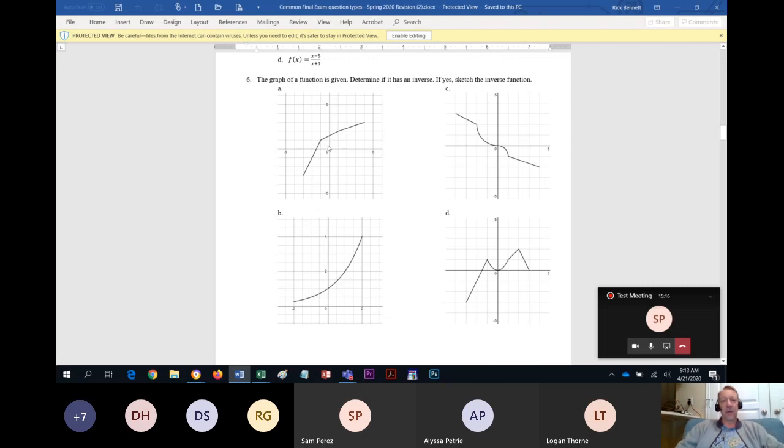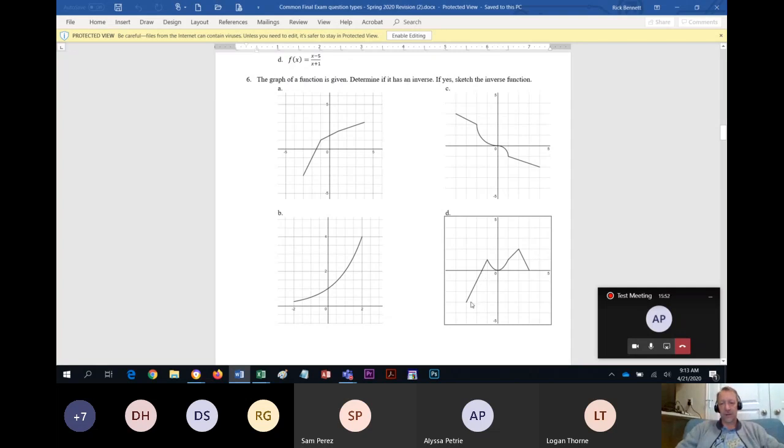So is A one-to-one? Yes. How about C? Yes. How about B? Yes. How about D? No. D is not one-to-one. It fails the horizontal line test right here and here.